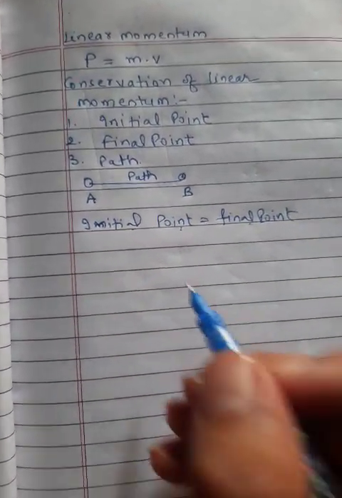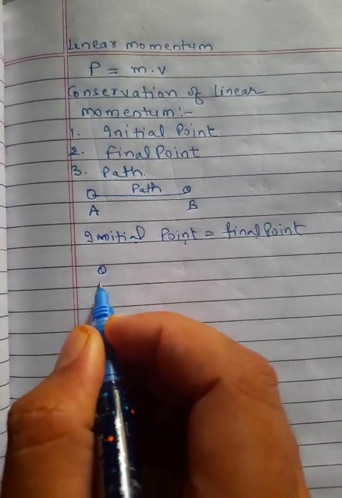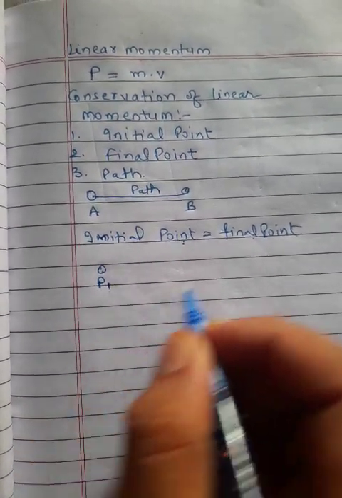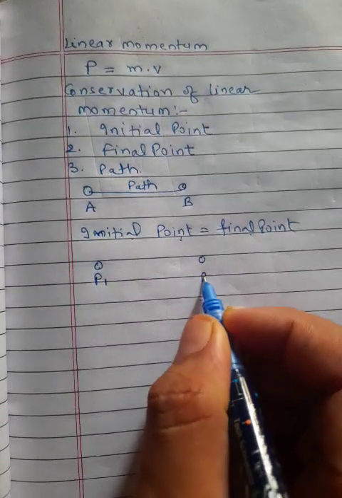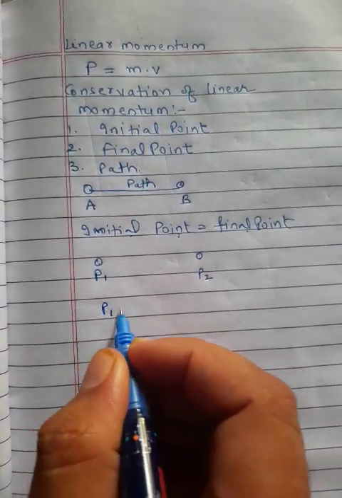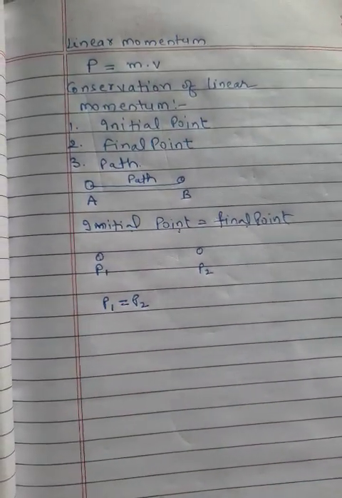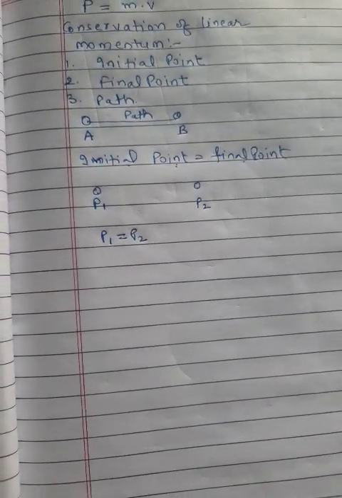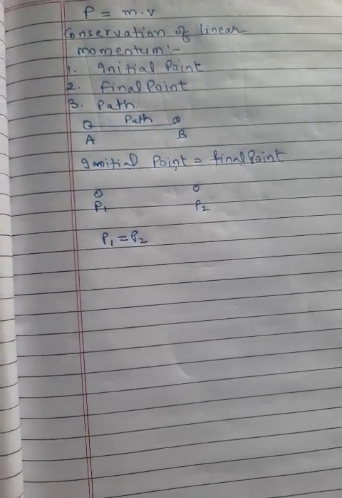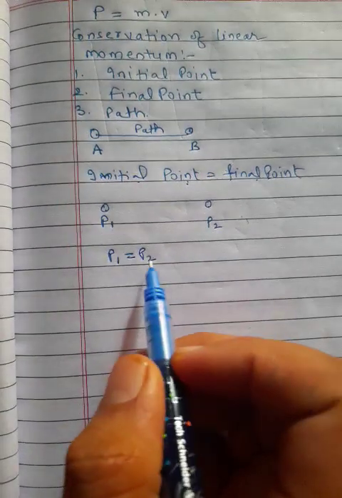If this is the first point, the momentum is P1. This is our final point, the momentum is P2. So if P1 is equal to P2, we can say conservation of momentum.